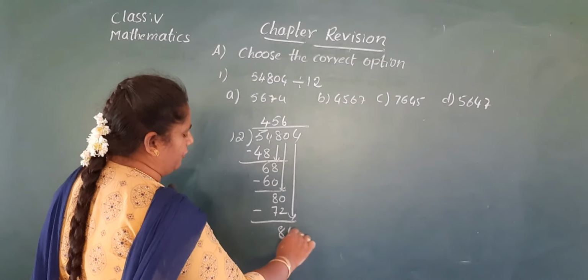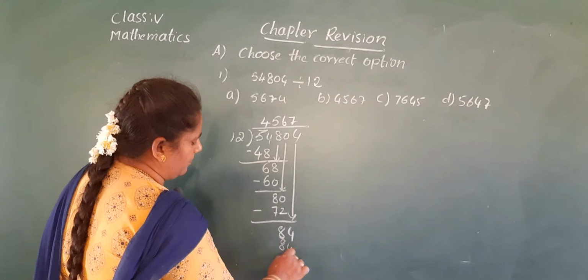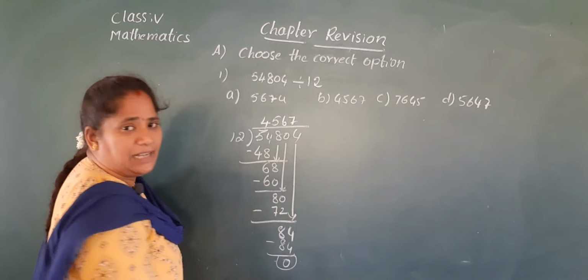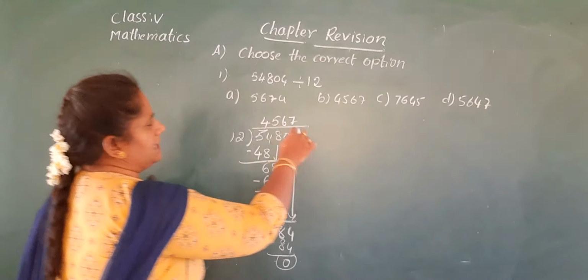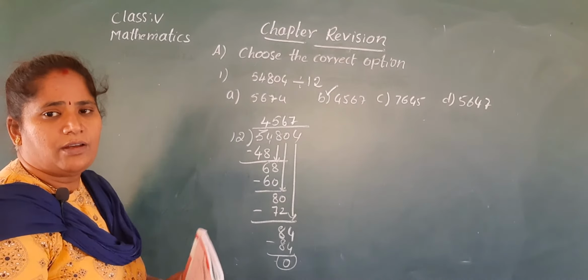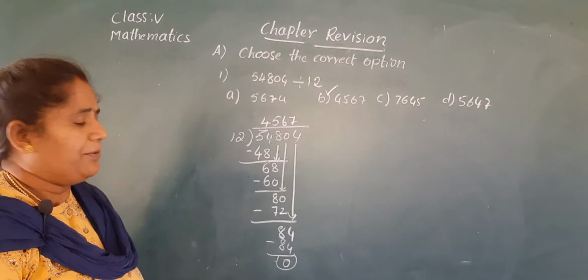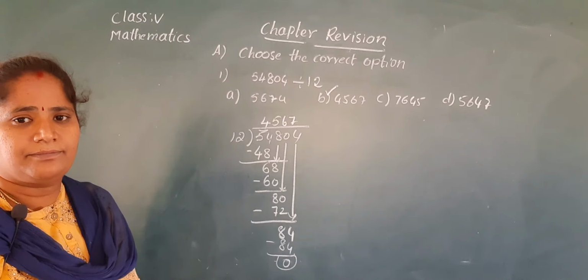Now you take down 4. 12 7s are 84. 84 minus 84 is 0. So the answer is 4,567. All of you put the tick mark for that.